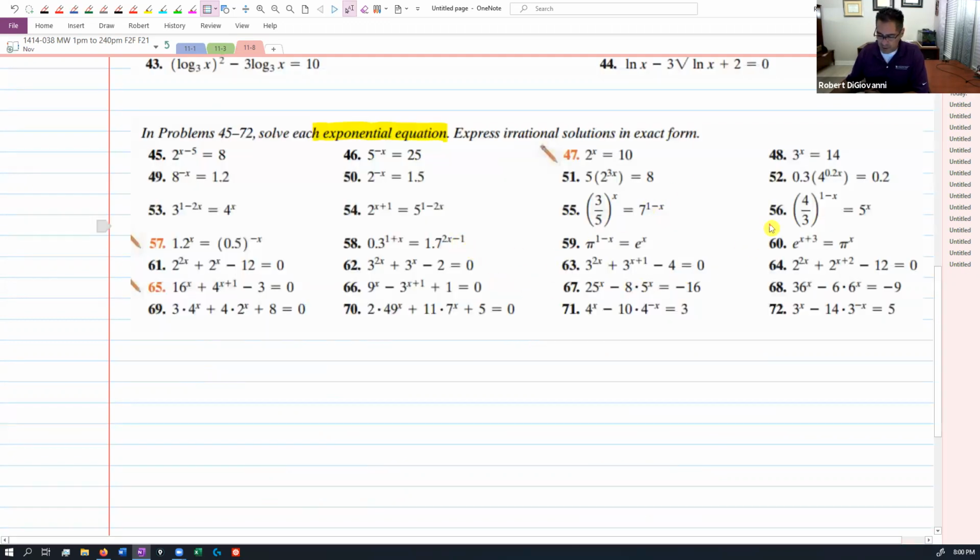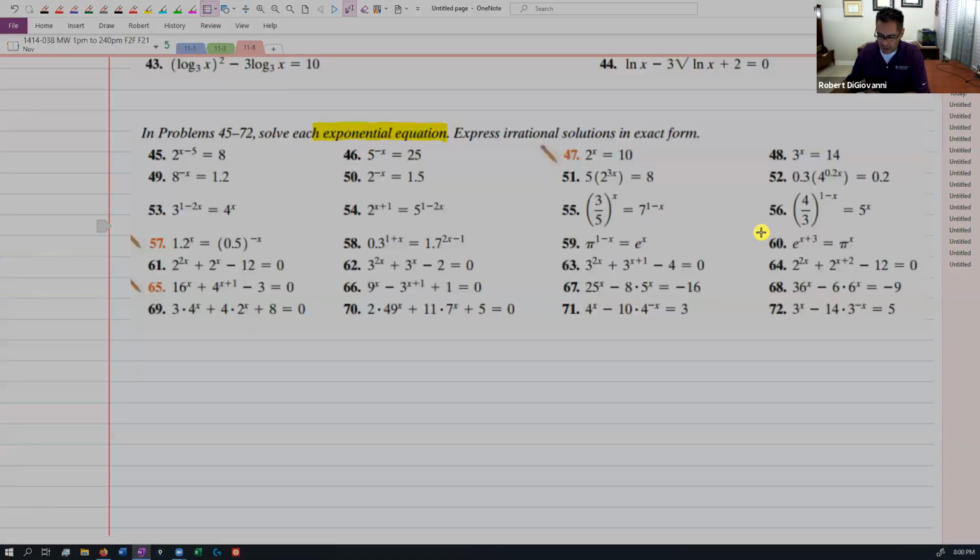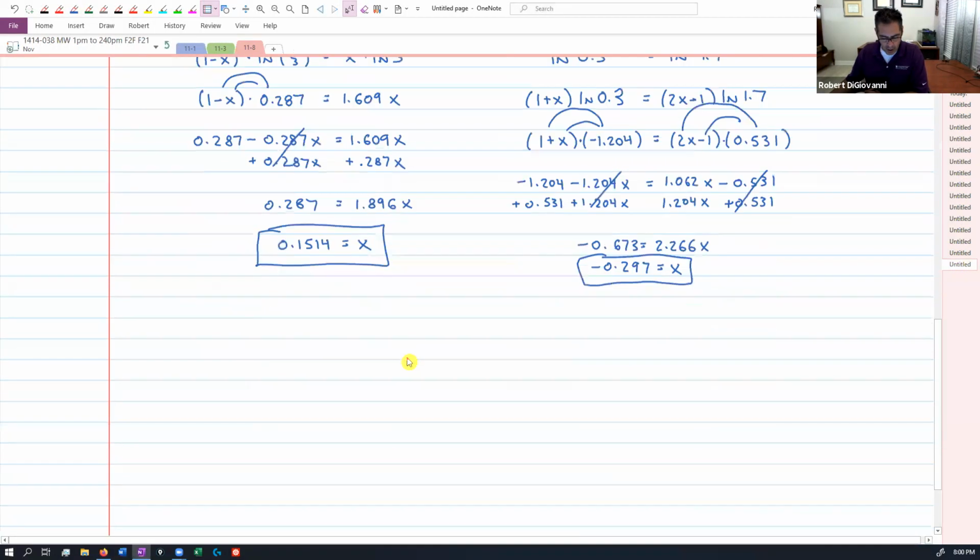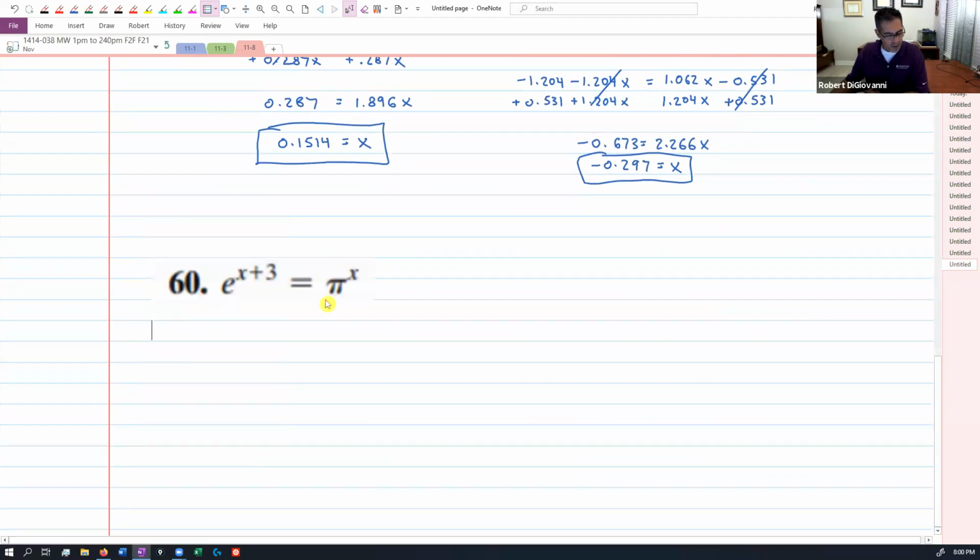All right, let's do something new. No, it's not new, but it is actually a decent problem because it's got some weird numbers in here. So for this, I'm going to do natural log on both sides again. So I'm going to do natural log of the left equals natural log of the right. That's pi to the x.